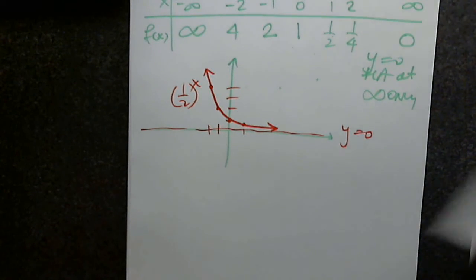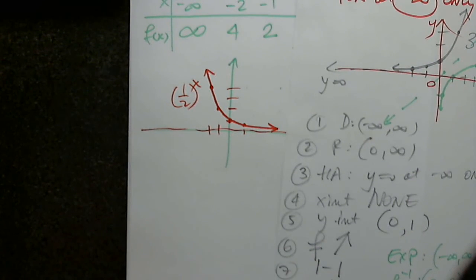Going back to this list, what will you say about the domain of this function? What will you say about the range of this function? What will you say about the horizontal asymptote?